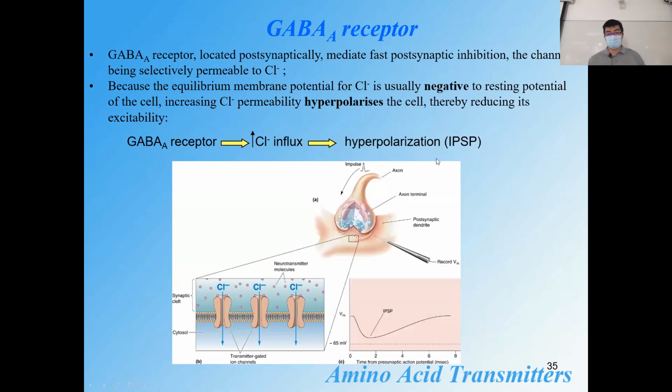So that causes hyperpolarization. As I mentioned before, the neurons will receive all the inputs from different connections, the synapses. Some of those will be excitatory, some of them are inhibitory. Once that is integrated all together, if the membrane potential reaching the axon hillock is enough, then that will initiate an action potential.